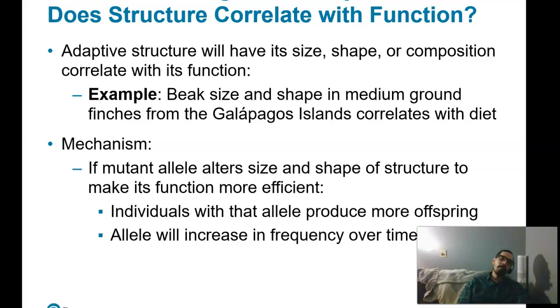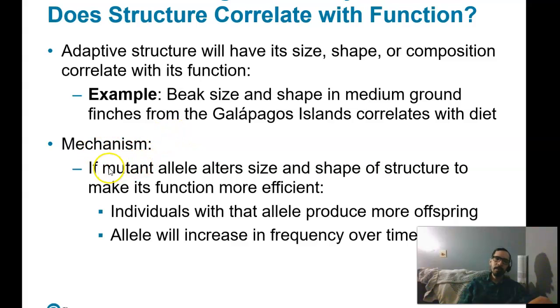So an adaptive structure will have its size, shape, or composition correlate with its function. Okay, so now we're looking at how the structure correlates with function. And you can see that when you look at beak sizes in birds, like the birds from the Galapagos Islands, you can see that the beak size correlates with the diet that they have.